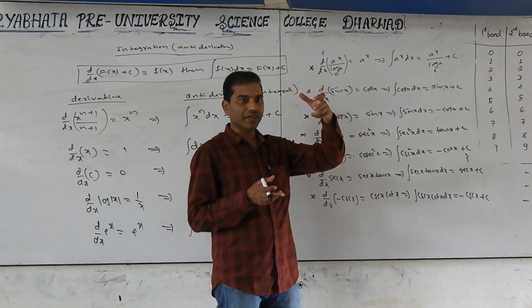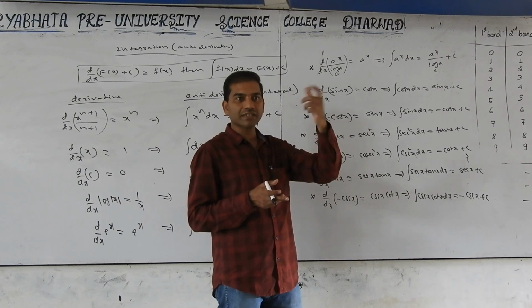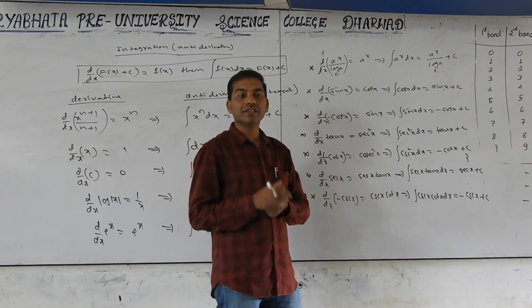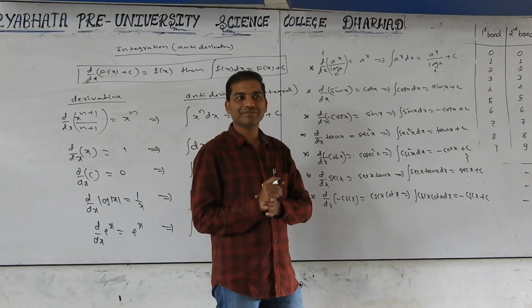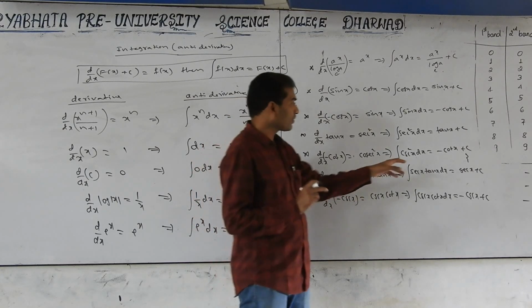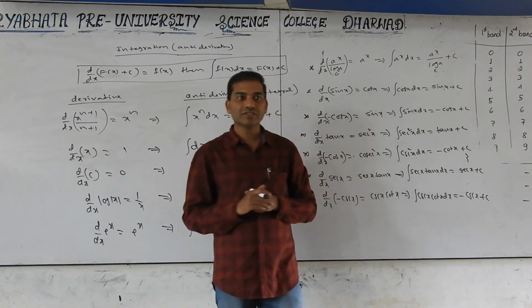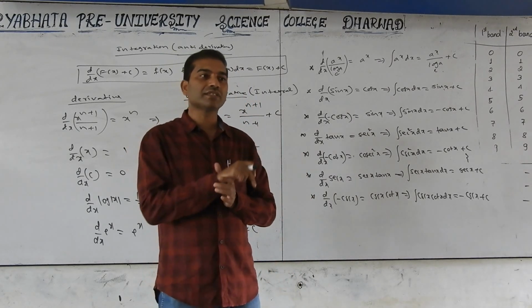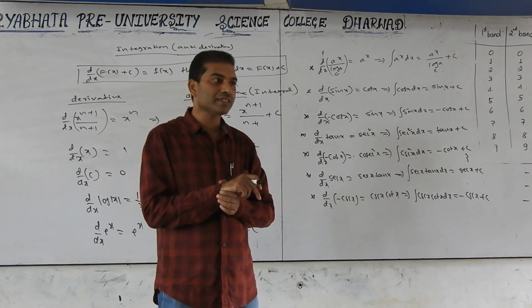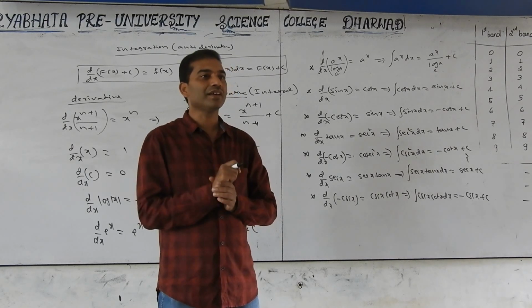Sec x whole square, like x square differentiation is 2x, so it is 2 sec x into derivative of sec x, which is sec x into tan x. Integration of sec square x is tan x. Derivative of cosec square x is 2 cosec x into minus cosec x into cot x. So integration of cosec square x is minus cot x.